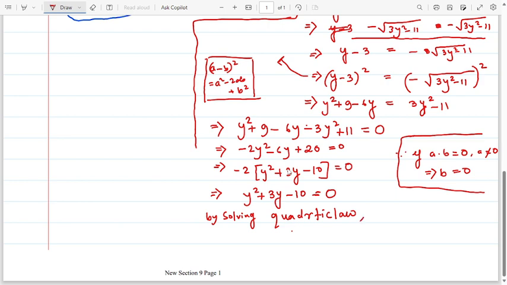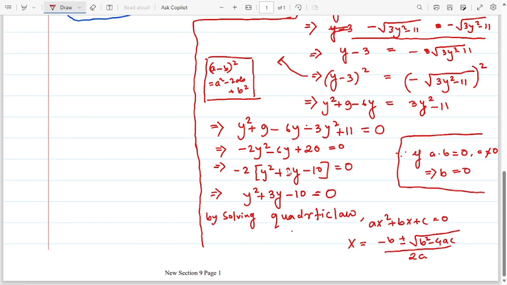So I'm giving you the formula, okay? ax square plus bx plus c equal to 0. If we need to solve for x, then x equals minus b plus minus square root of b square minus 4ac, by 2a. We need to solve this one by using this formula.